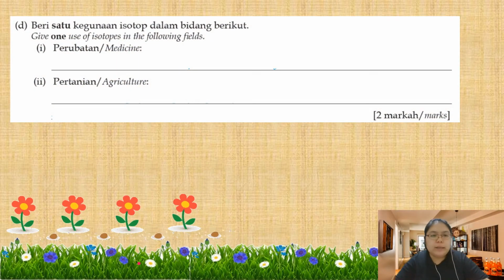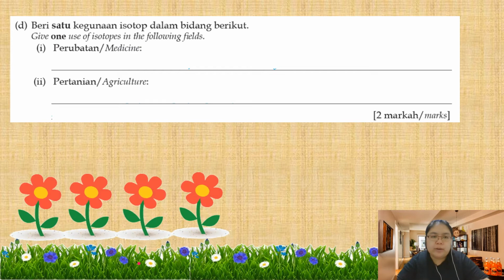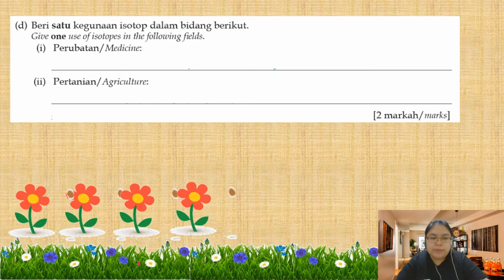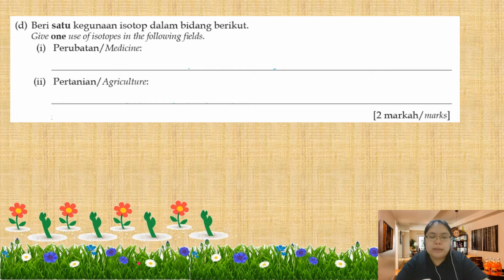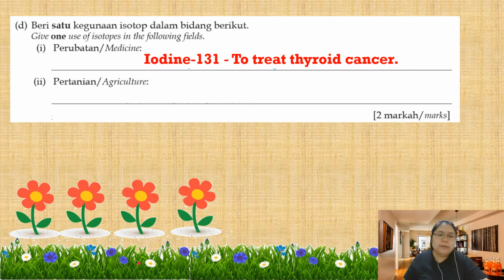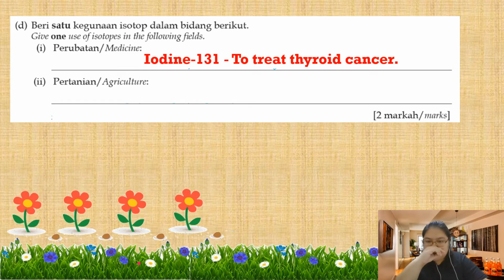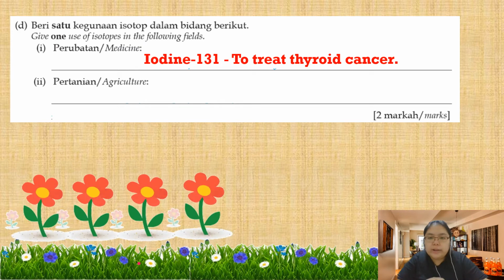The next one is to give one use of isotopes for the following fields. For medicine, remember we have cobalt-60, which is normally for cancer treatment. Here they give you iodine-131. Treatment is for thyroid cancer.